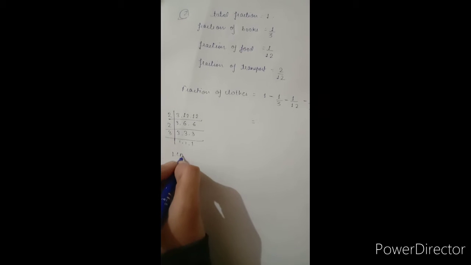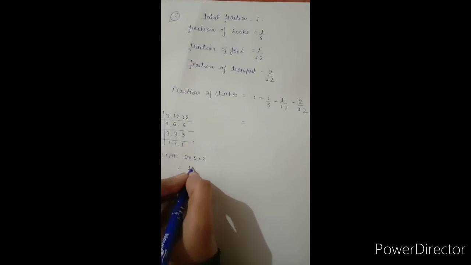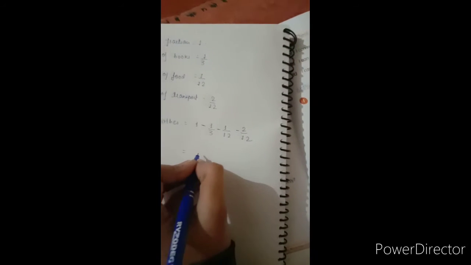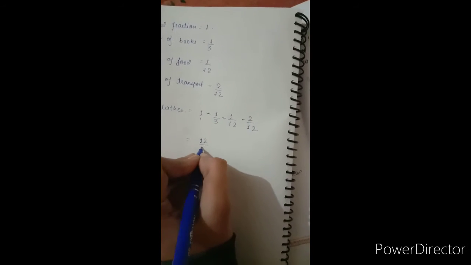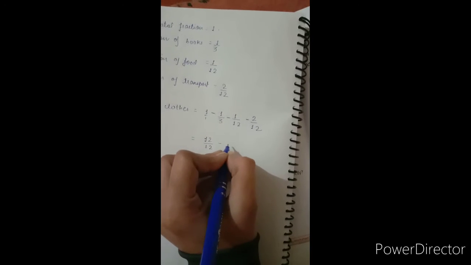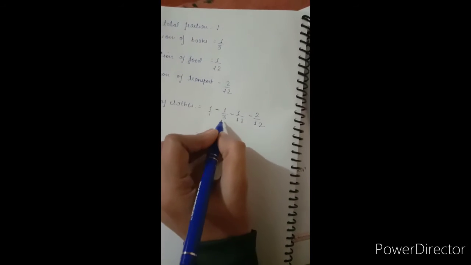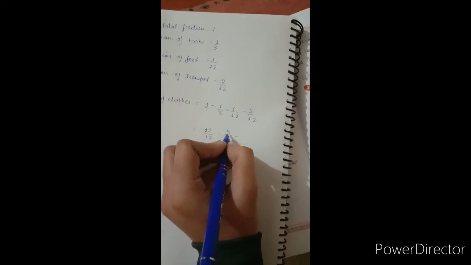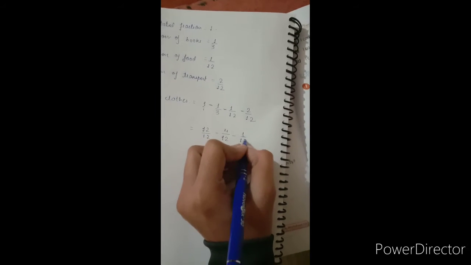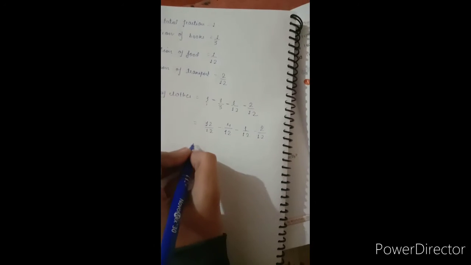Then we got LCM is 2 multiplied by 2 multiplied by 3, which is 12. Then we can write 1 as 12/12. For 1/3, to equate the denominator to 12 we multiplied it by 4. So 3 fours are 12, and in the numerator there is 4, so 4/12. Then 1/12 stays the same, and 2/12 stays the same, because their denominator is already 12.